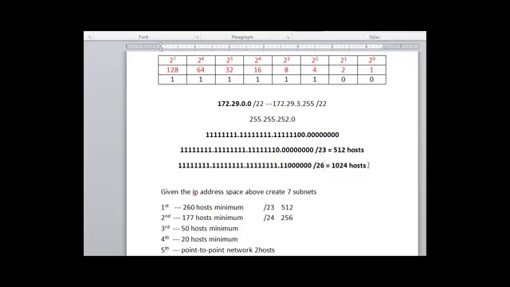That would give us 64 hosts. Okay, how come? Well, how many zeros? 1, 2, 3, 4, 5, 6. 2 to the 6th power is 64 hosts.